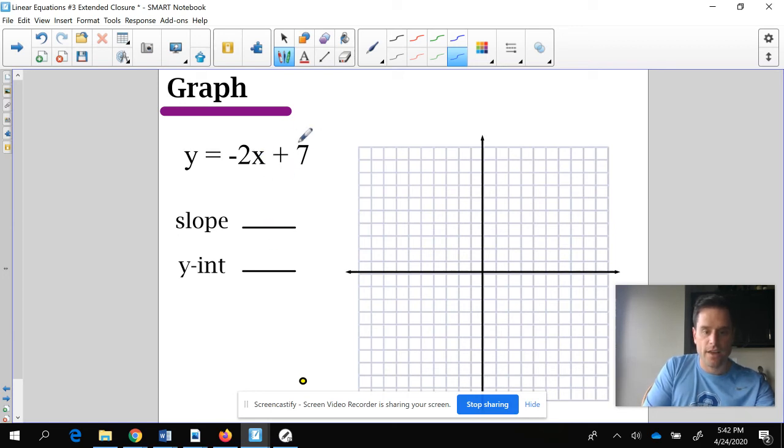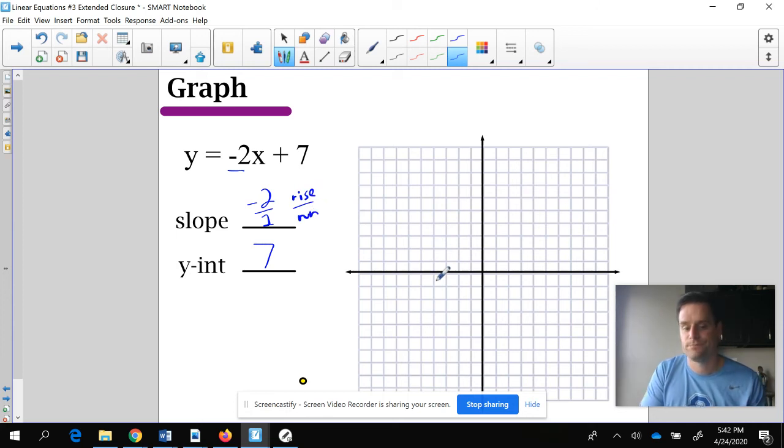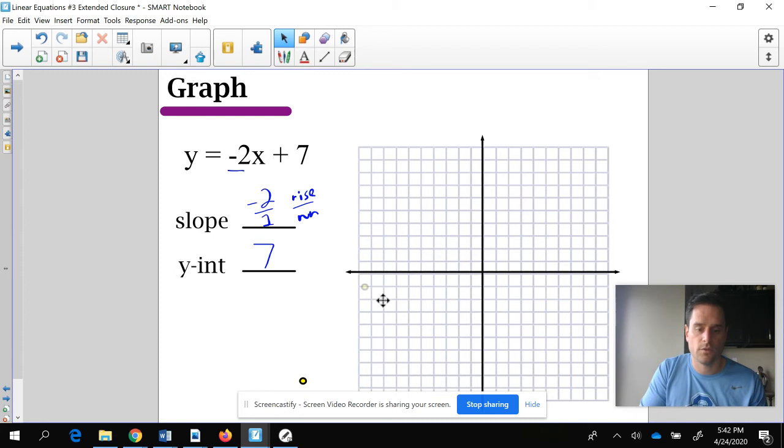Okay, let's start with the y-intercept. The y-intercept is always right here. It's gonna be 7. And the slope, I'm gonna write this as -2/1. You can put -2 if you want, but I like to put that because we know that's rise over run. Helps me to see it better. Okay, so let's take our dot. I'll use my cool little dot right here.